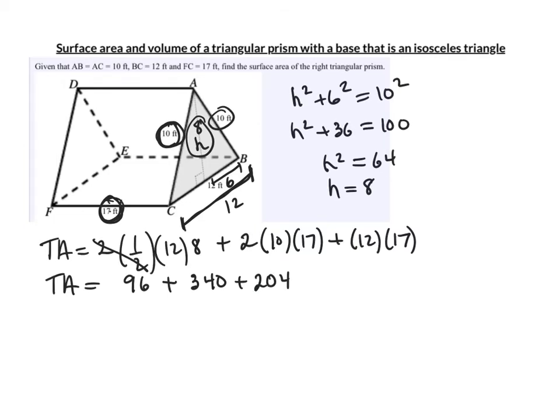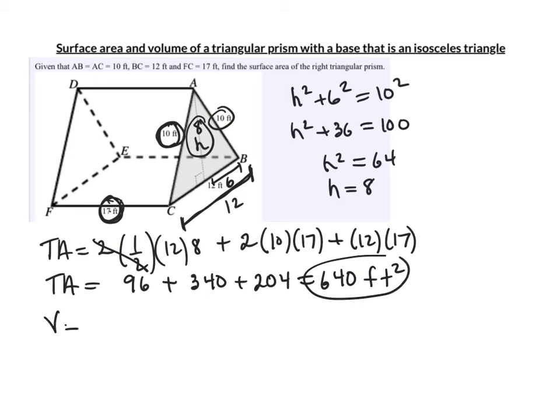So we'll add 204, 340, and 96. And we find the total area is 640 feet squared.